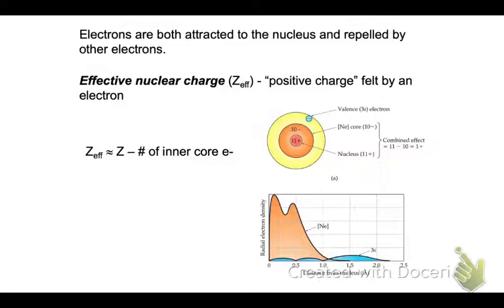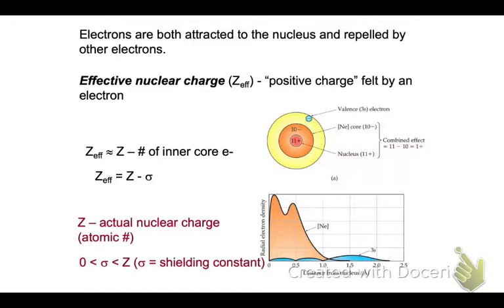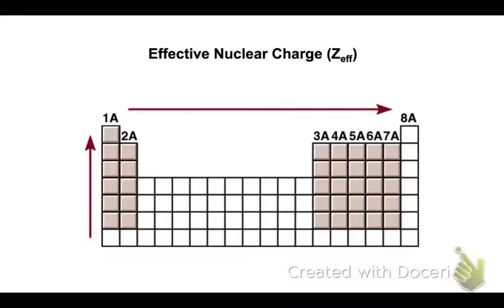So how do I calculate that effective nuclear charge? It is equal to the atomic number minus the number of core electrons, the inner core electrons. So it is the atomic number minus the shielding effect, which is the shielding constant, which is always bigger than 0 and lower than the atomic number.